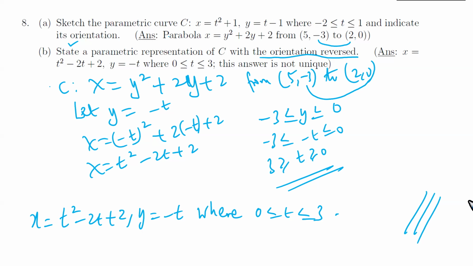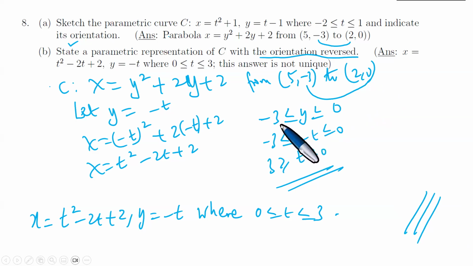Okay. Any question on this parametrization whose orientation is reversed? So this is the parametric representation of C with orientation reversed. We have seen that we were looking at things from 5, minus 3 to 2 and 0.